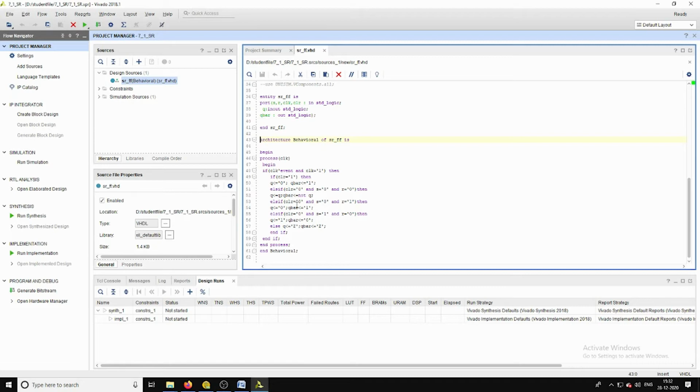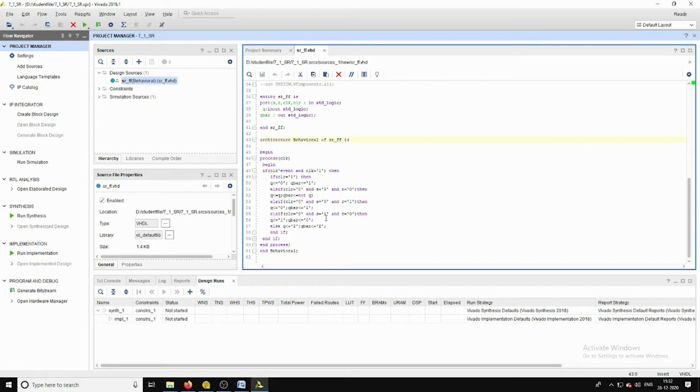Whereas when clear equal to 0, the input combinations, that is S equal to 0 and R equal to 1, then the output will be the reset state, like the output will be assigned as logic 0.